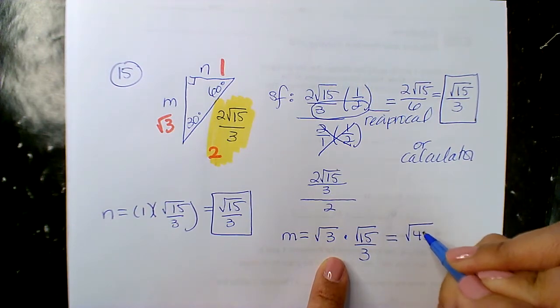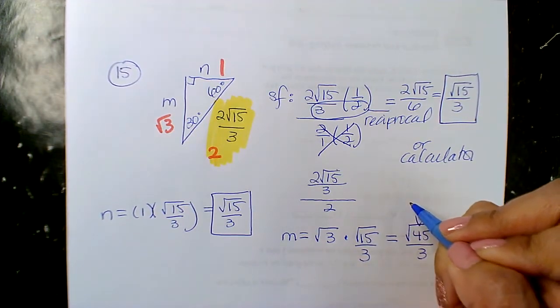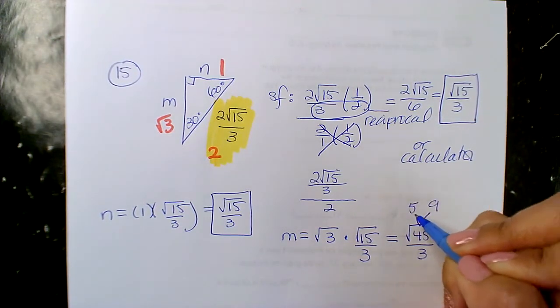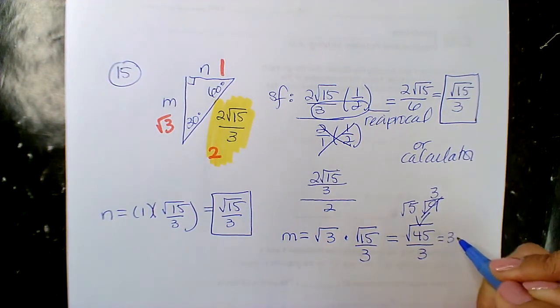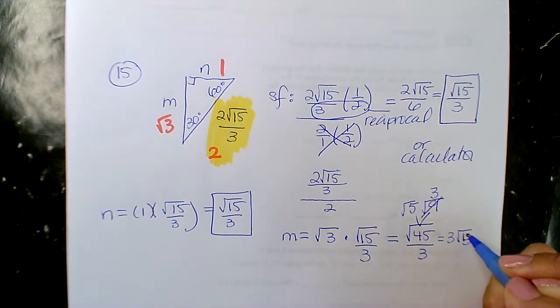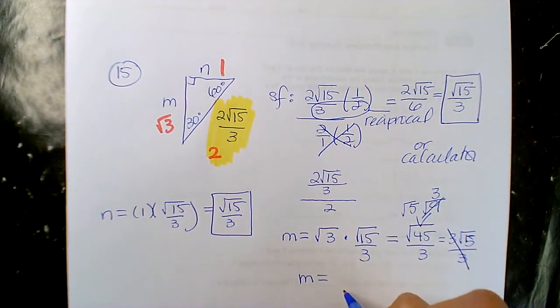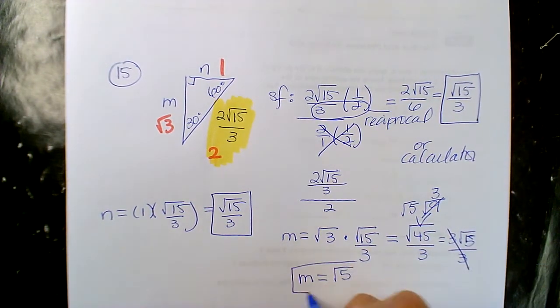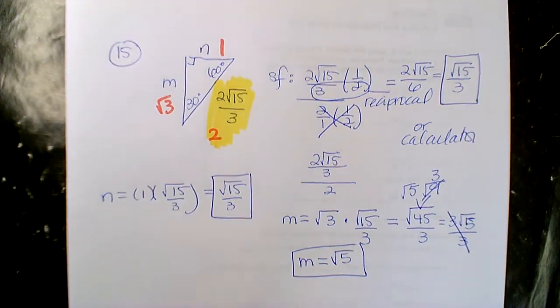Okay, look. 45 over 3, but 45 is 5 times 9. 9 is a perfect square, so it's 3 rad 5 over 3, but this cancels or reduces, so it is rad 5. You're like, what the heck was that nonsense?